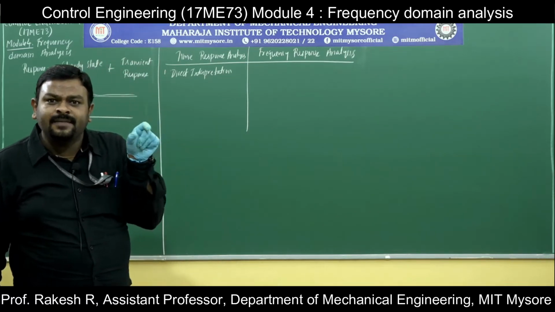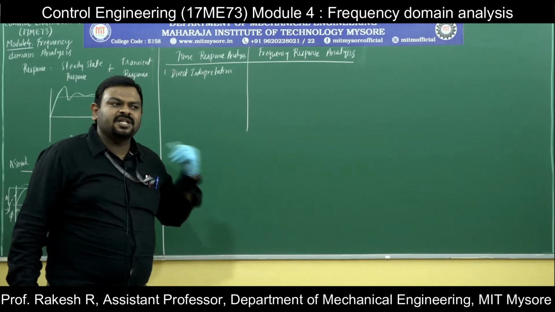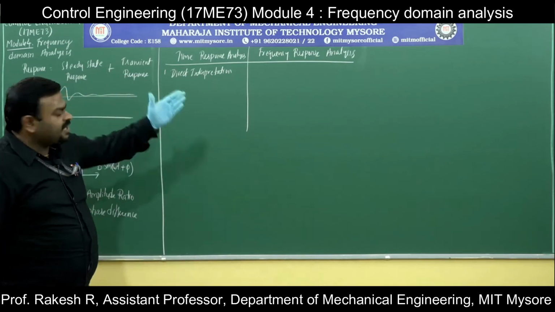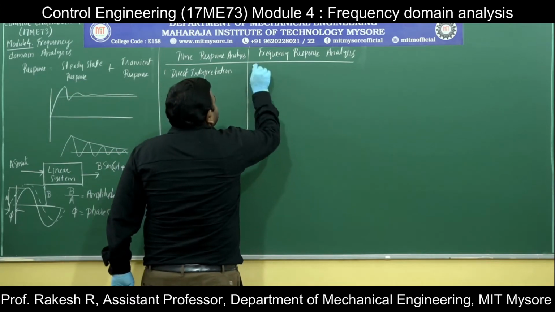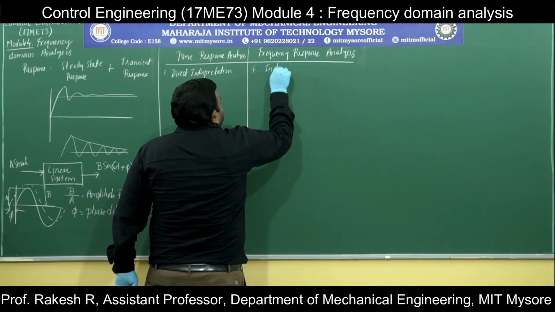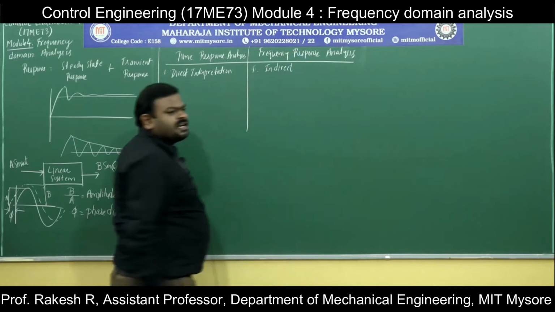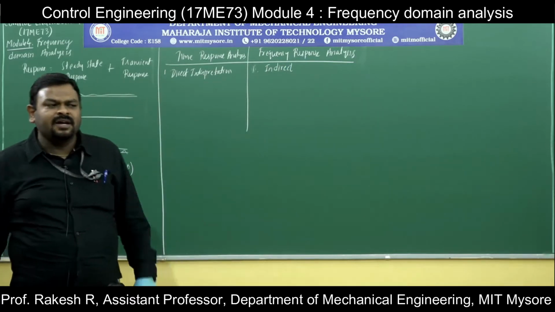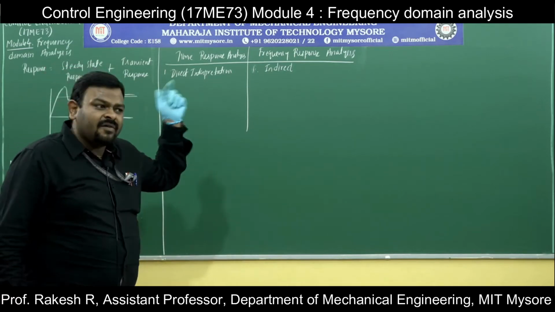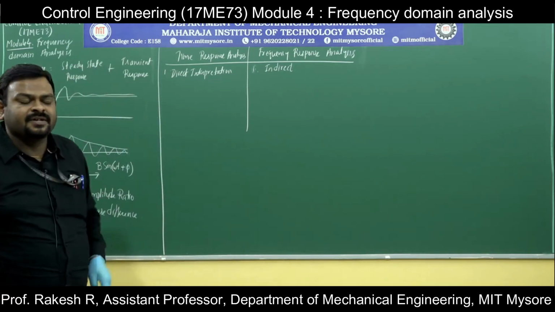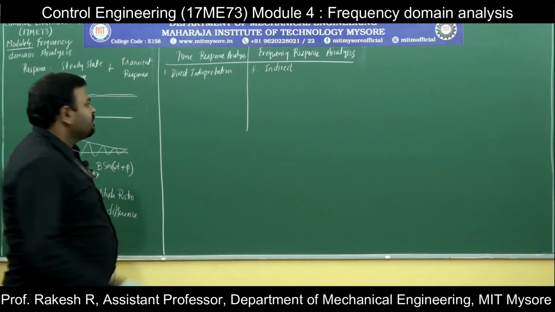By knowing the time itself, you can say whether the system is stable or not. So that is a direct interpretation. Whereas in frequency response, it is indirect. How is it indirect? Basically, we calculate frequency, then 1 by frequency gives time, and after that we get the interpretation. It is an indirect approach.